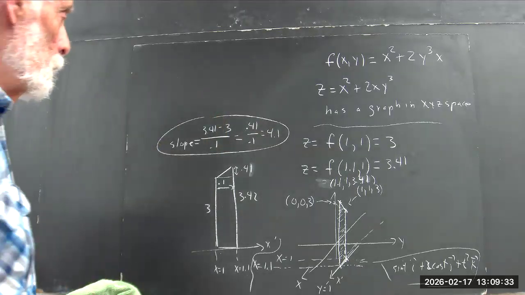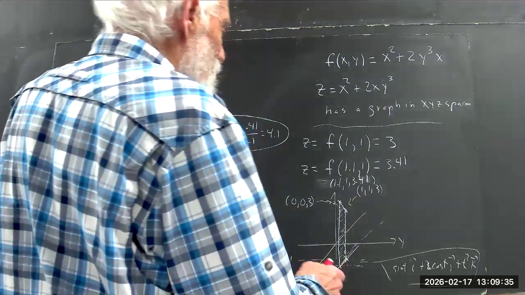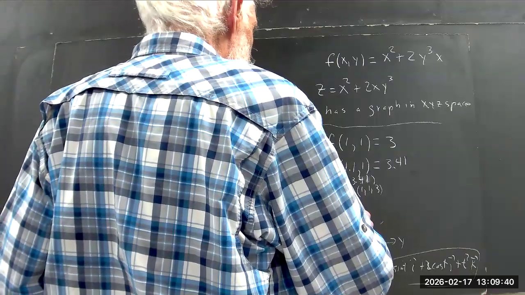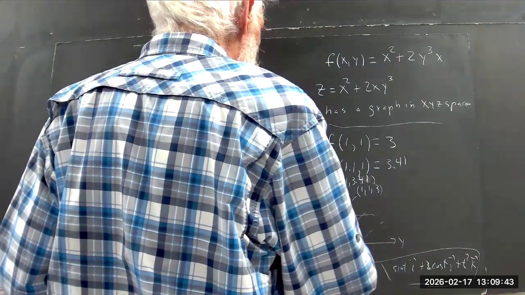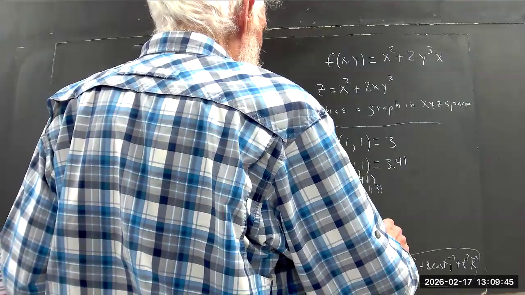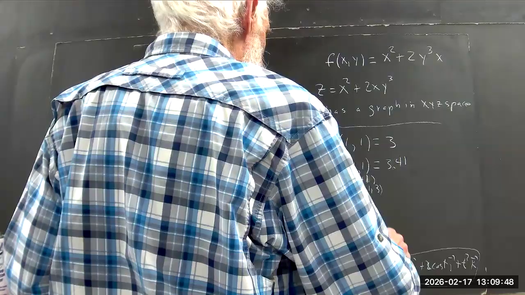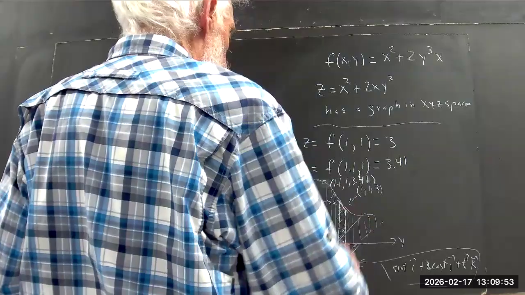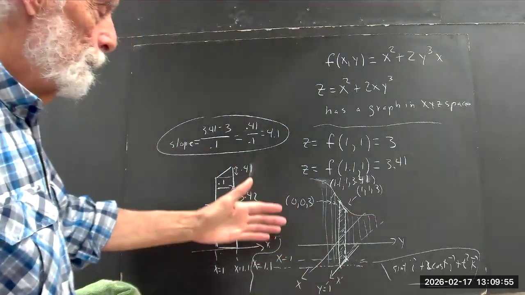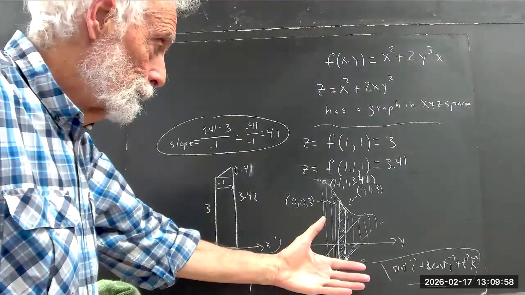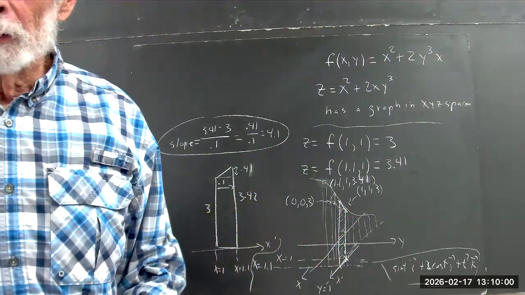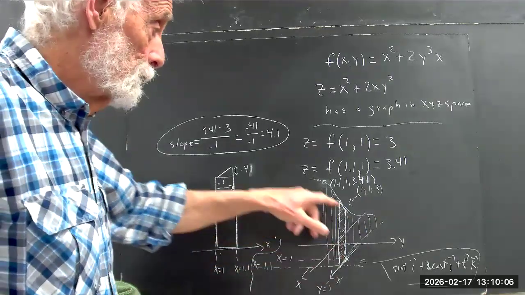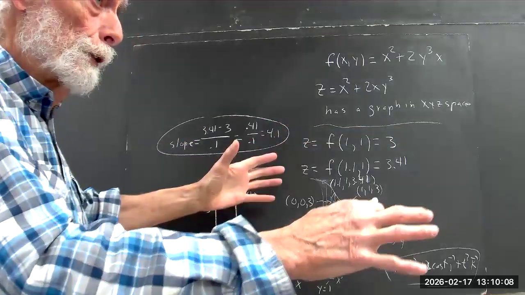Okay, so anyhow, the slope is 4.1. This surface might, it doesn't look like this, but it might look like something like this in the plane. So you can kind of see the slice and you see the curve. Does that make sense? So this is a slice of your three-dimensional surface.